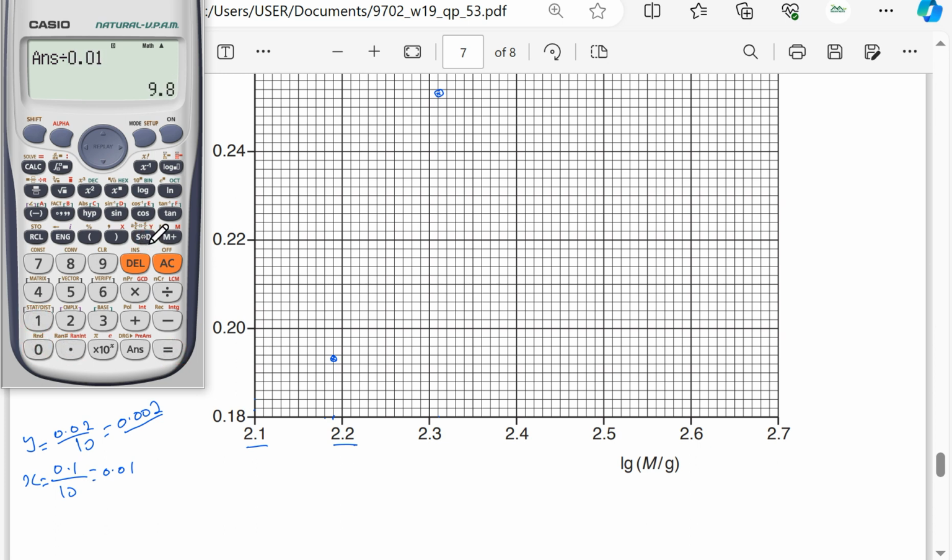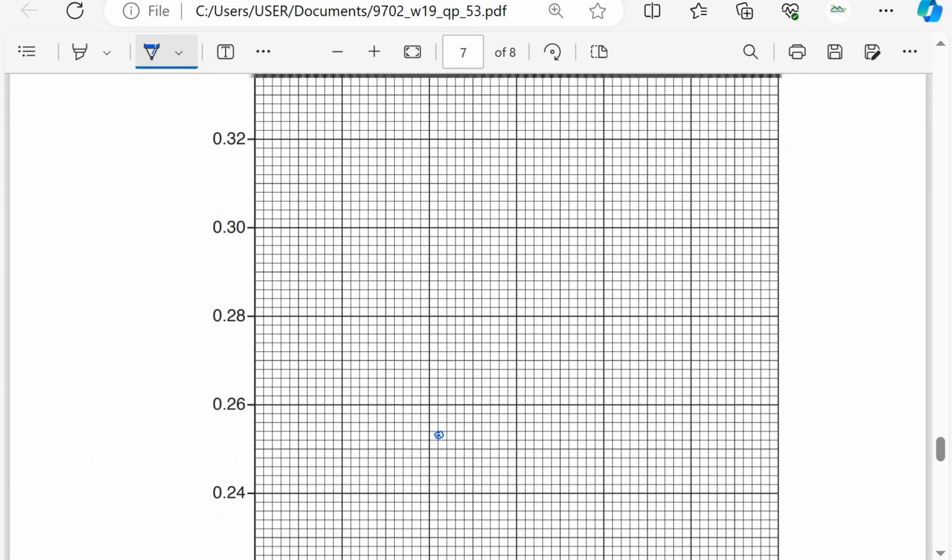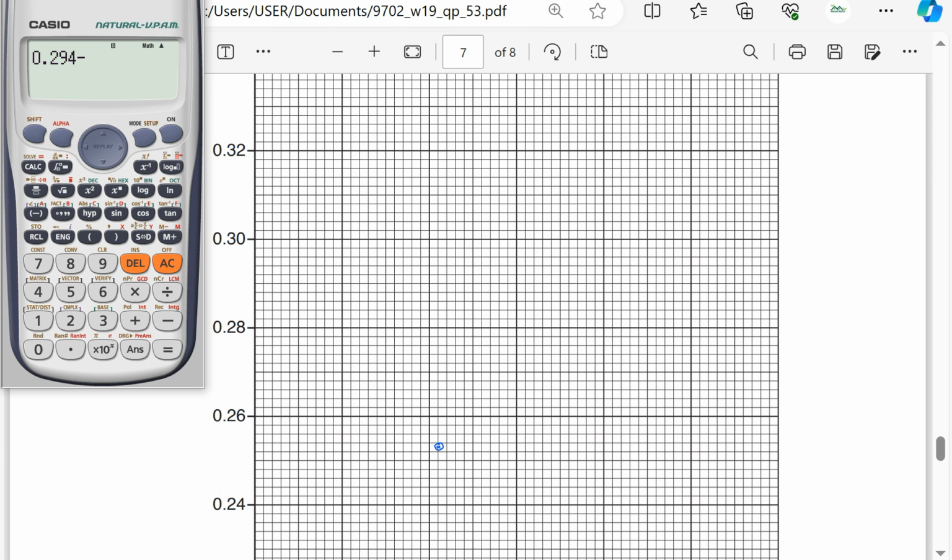That was 9.8 small squares added to 2.3, which is approximately 2.4. Then on the y-axis it is 0.294 minus, it is above 0.28, so I'll say minus 0.28 divided by the scale 0.002.